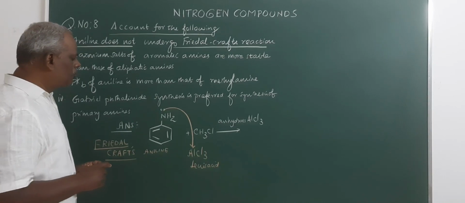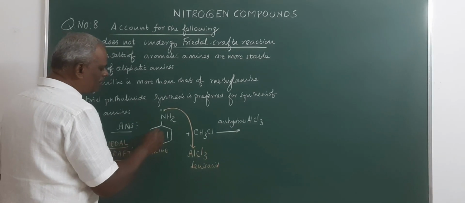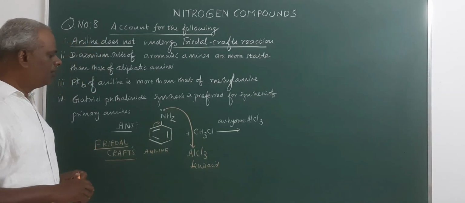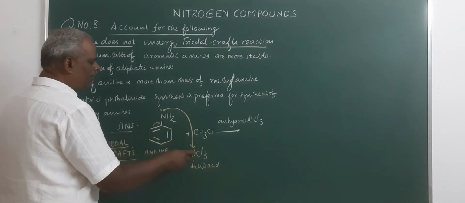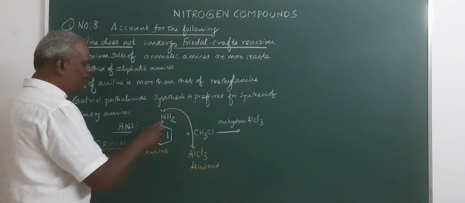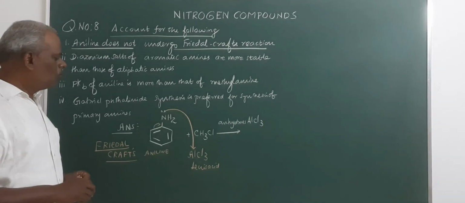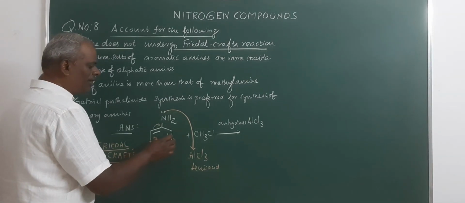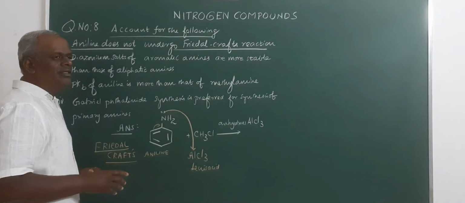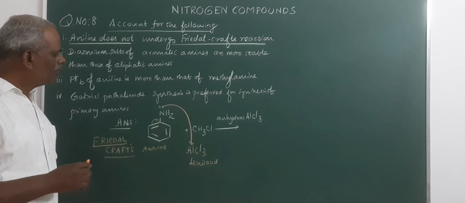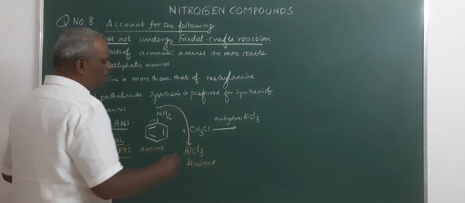So it tends to pull electrons from the benzene ring. Due to the donation of the electron pair, there is an electron deficiency on the nitrogen.